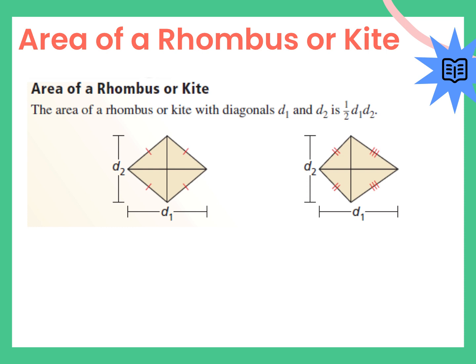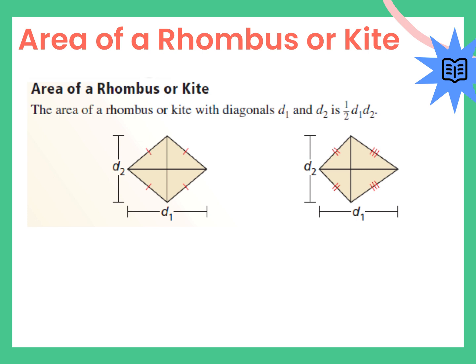So if you think about it, the way that they came up with this formula, it's like dividing it into two congruent triangles with a base of the first diagonal and a height of half of the second one. You don't need to know how it's figured out. However, if you are not given a diagonal, you would have to separate it into some triangles, and then potentially it could be a special right triangle, especially if the rhombus has 90 degrees, which would really make it a square.